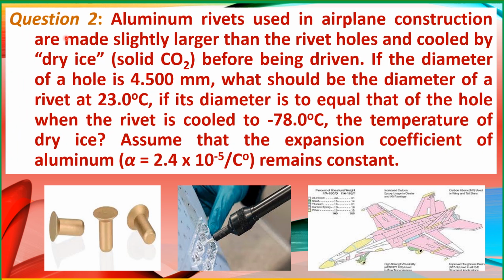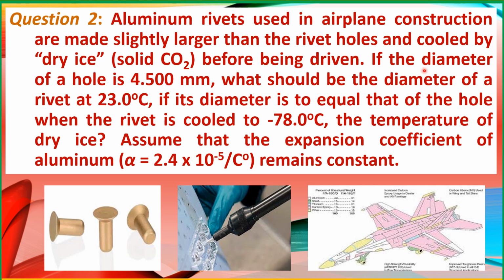Question number 2. Aluminum rivets used in airplane construction are made slightly larger than the rivet holes and cooled by dry ice or solid carbon dioxide before being driven.